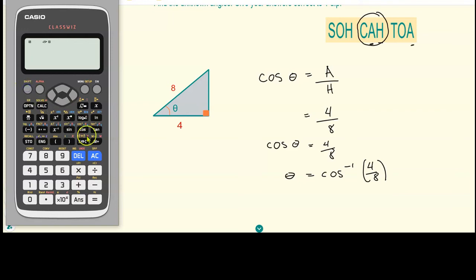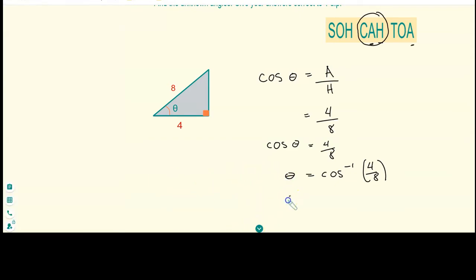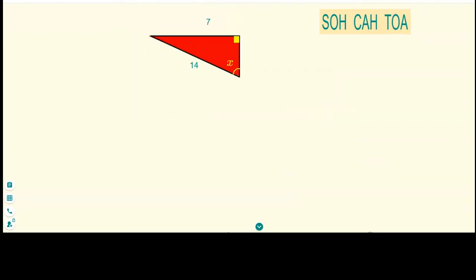So we click on shift and click on cos, and put in the ratio of 4 over 8, close bracket, and equals. So it's 60. That means the angle theta is 60 degrees.